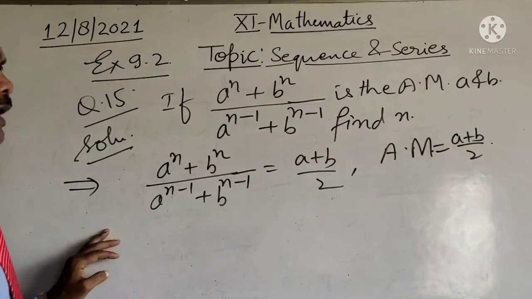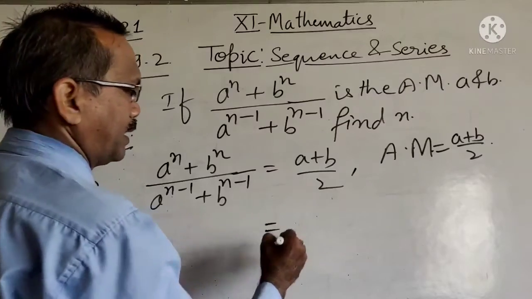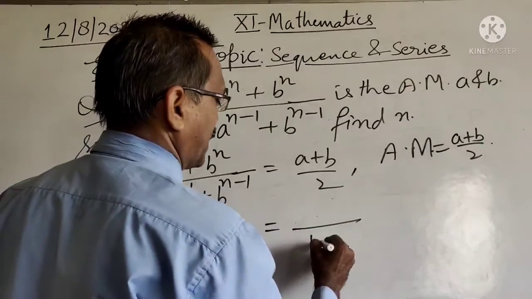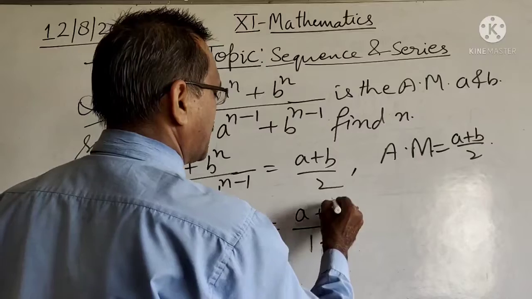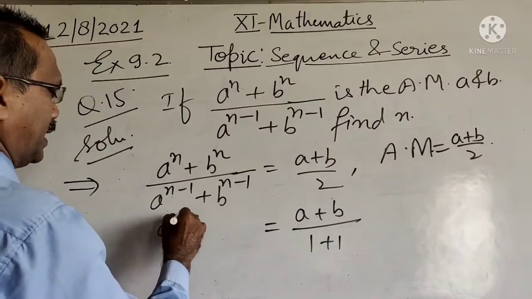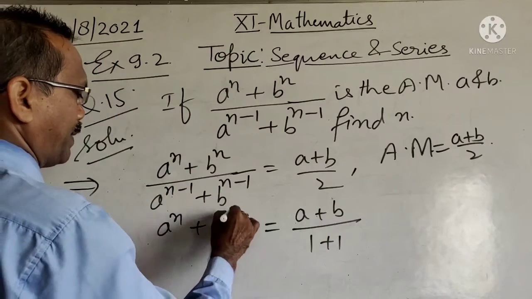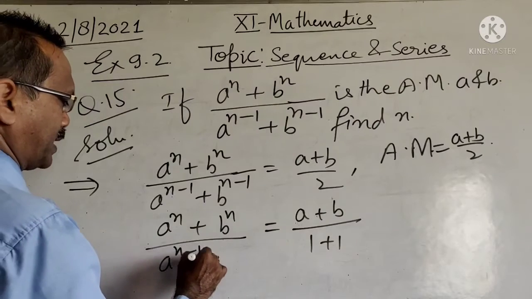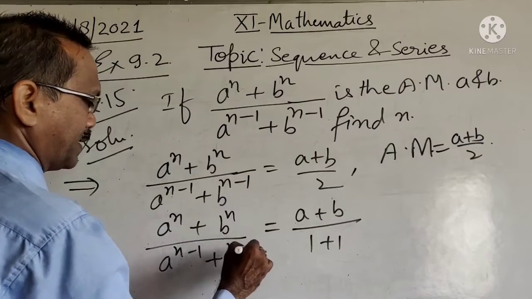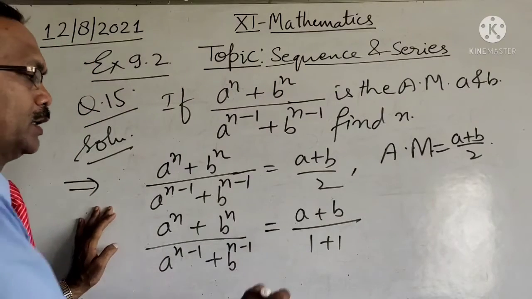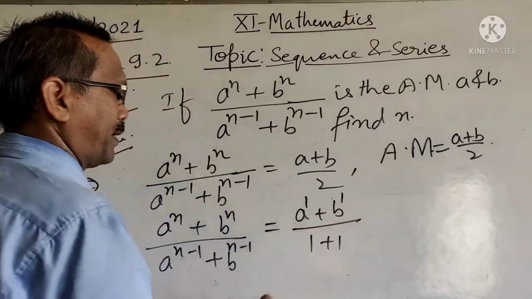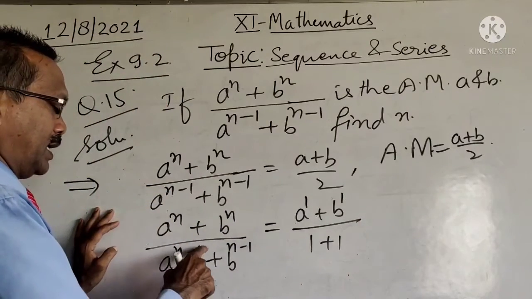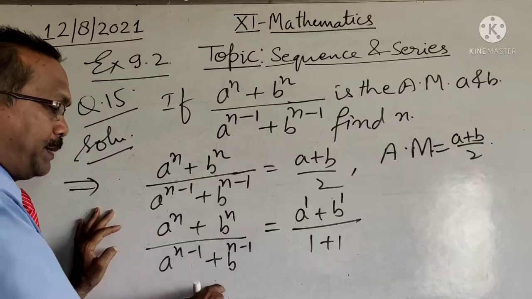Now, if we compare, this can be written as 1 plus 1 and a plus b, that is a power n, b power n upon a power n minus 1, b power n minus 1. If we compare the powers, there is a power 1, there is b power 1. And there it becomes 0, a power 0, b power 0.